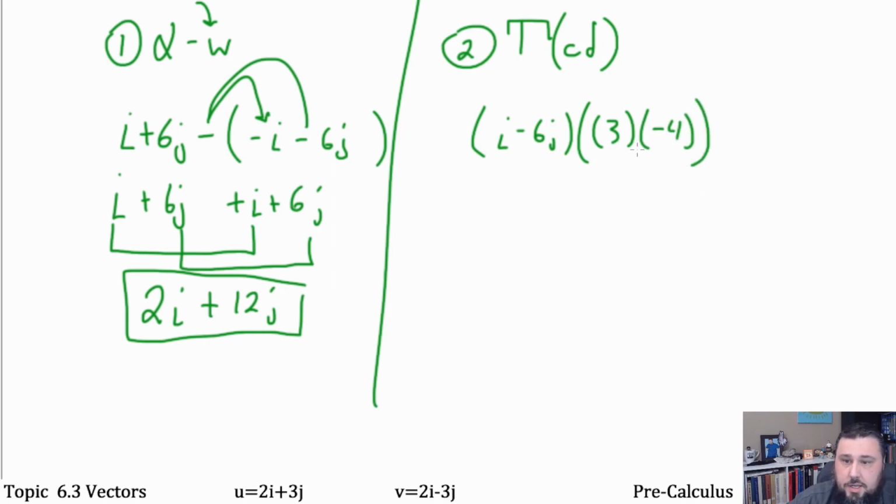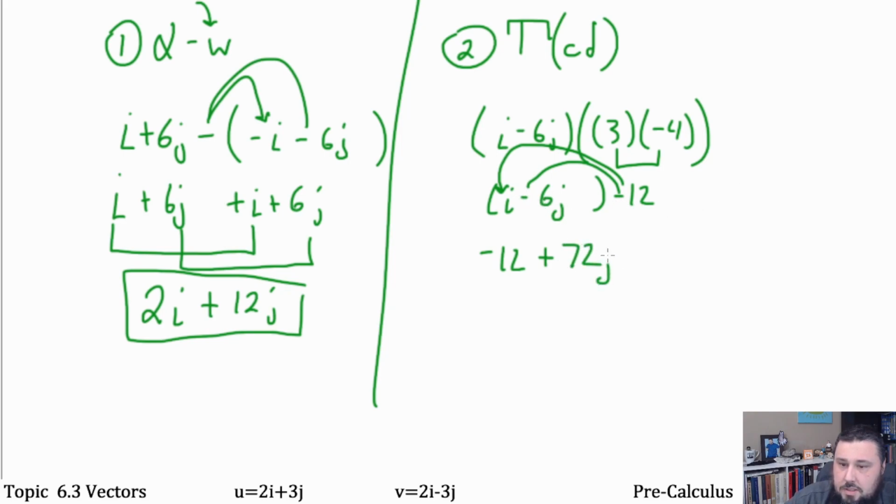And now that they're nested in here, as it is drawn, I have negative 12 times I minus 6j. So if I distribute the negative 12 in, I get negative 12i. And then here I have a double negative, so go ahead and change it to plus, and 6j times 12 would be 72j.